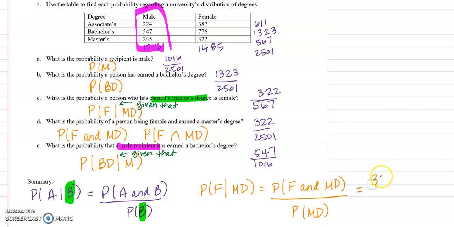So this is 322 over 2501 divided by the probability of getting a master's degree. So that would be 567 all over 2501, which is 322 over 567. And that is exactly the same answer that we got right here. So all the math works out. It's just that sometimes you're not given tables to do the math.